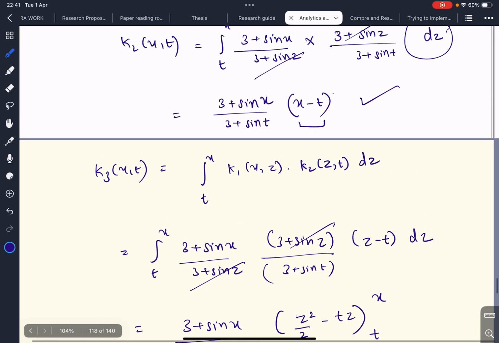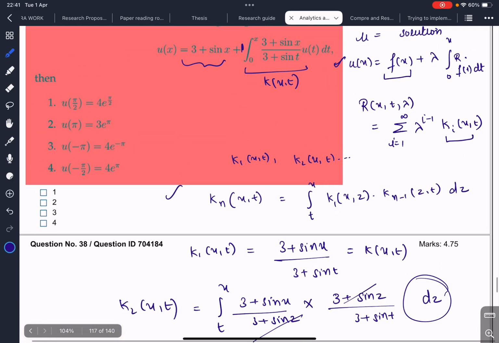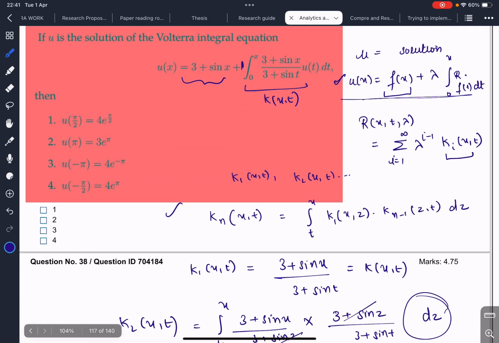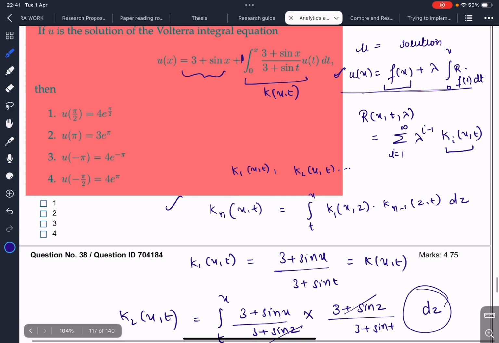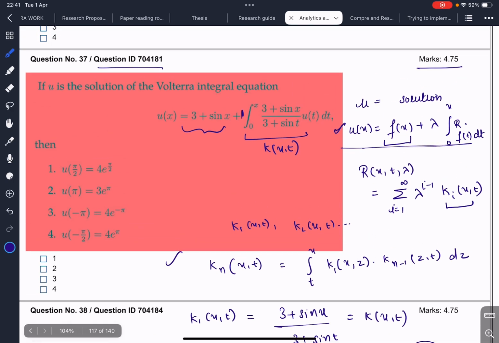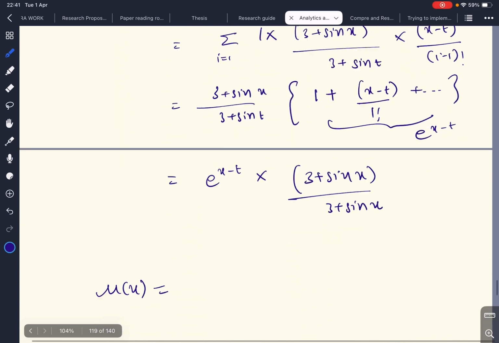Now you will put this resolvent kernel over here to find the value of u(x). So u(x) is equal to f(x) plus lambda times the integral of the resolvent kernel into f(t) dt. f(x) is 3 plus sin x.